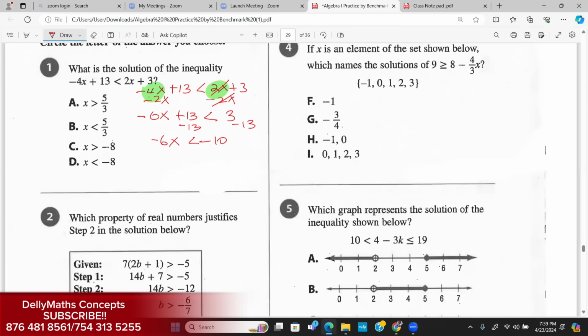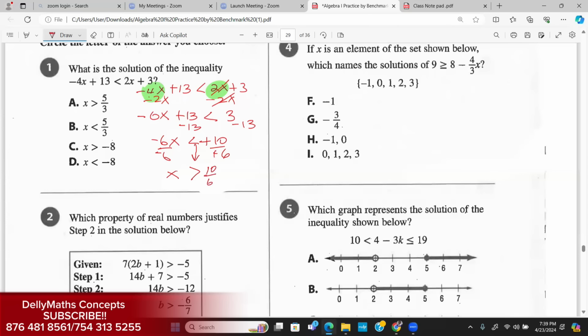Now I'm going to divide by the negative, and this is when we have to apply that one thing. When you divide by a negative number, you flip your sign. I want you to take a look. All the time, if you divide or multiply by a negative number, the sign switches. Negative and negative becomes positive, so I have 10 over 6.